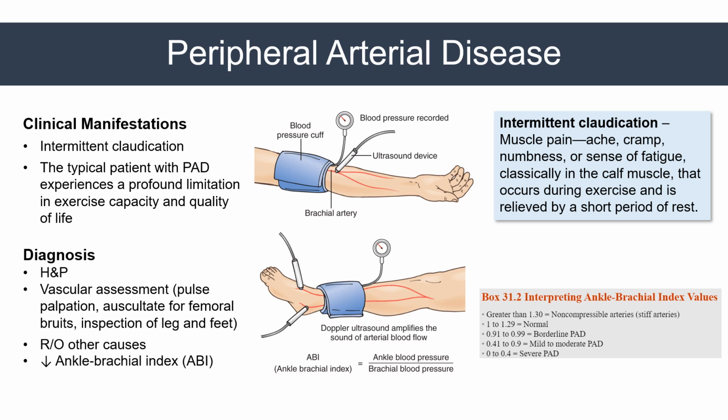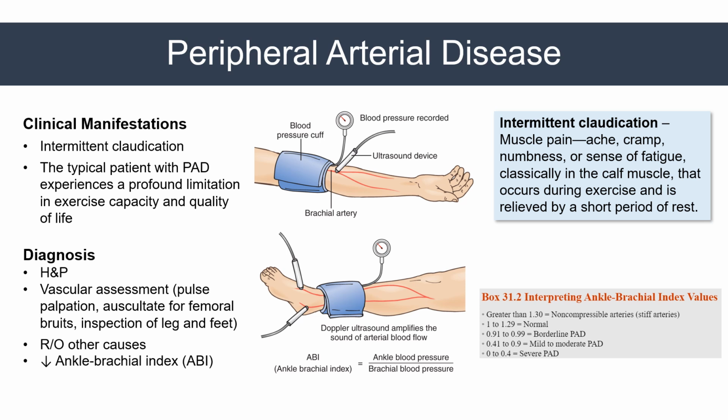And remember, this is all because there's ischemia happening at some level. Those arteries are becoming smaller and smaller because of all of that plaque from the atherosclerosis, and the blood is having a hard time getting where it needs to go. When those tissues are deprived of oxygen, it manifests as pain. So this patient can have just a little bit of pain, or it can be so debilitating that they cannot even get out of bed to walk to the bathroom in the morning.